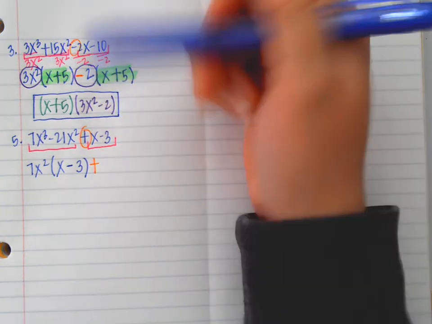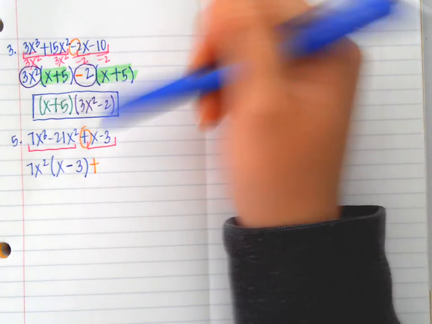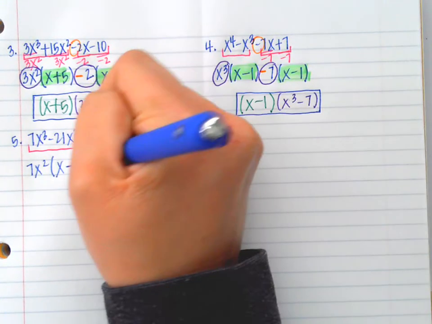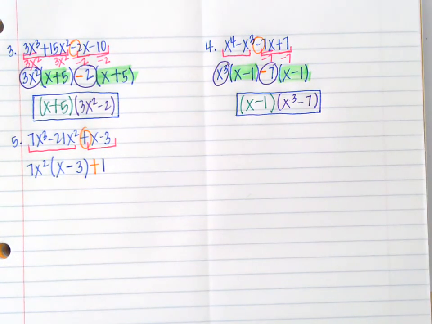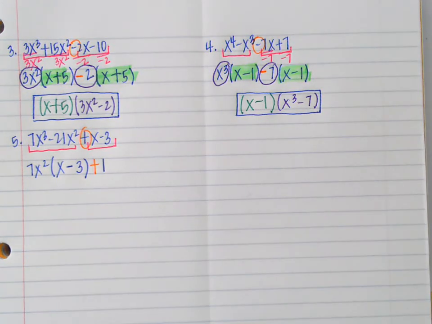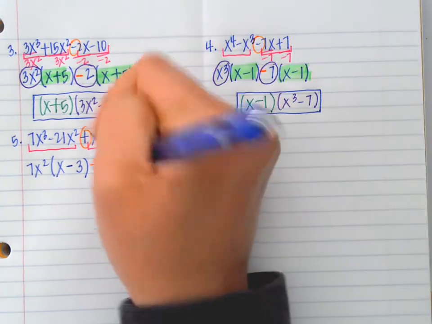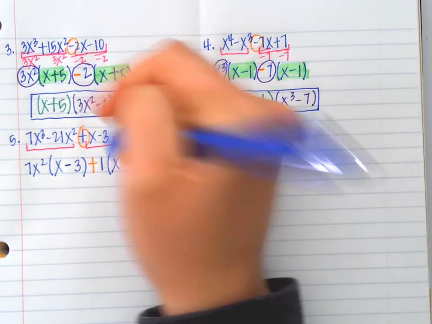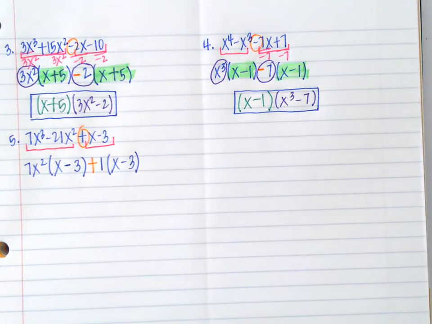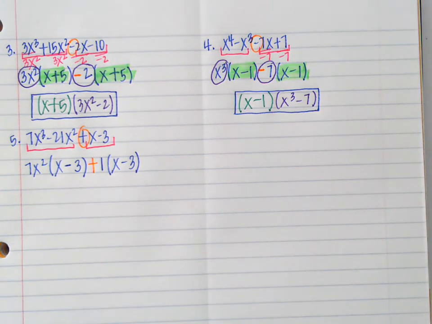So if there's not a clear GCF, you can always factor out a 1. And so what's left is exactly this. X divided by 1 is x. Negative 3 divided by 1 is still negative 3. And that's the only twist with this one.